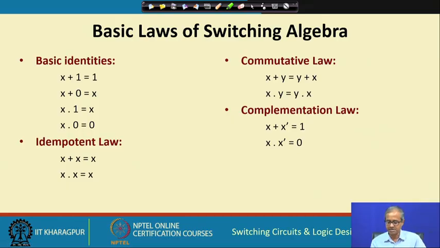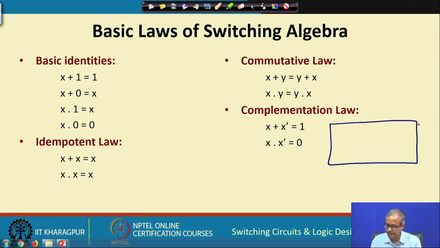Next is complementation. Complementation means you take a variable and its complement, x and x bar. If you take OR, the result will be 1, if you take AND, the result will be 0. Well, this is also fairly obvious. If you take a variable x, x can be 0 or 1. So what is x dash?